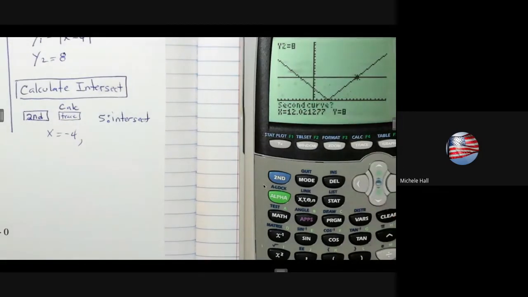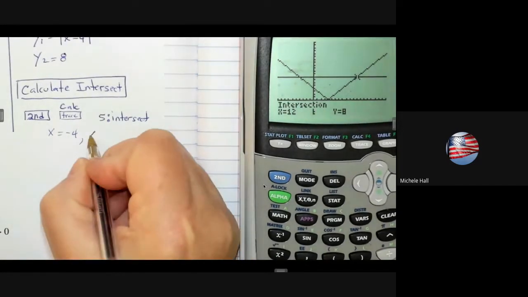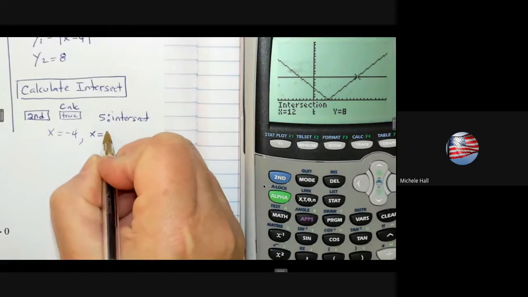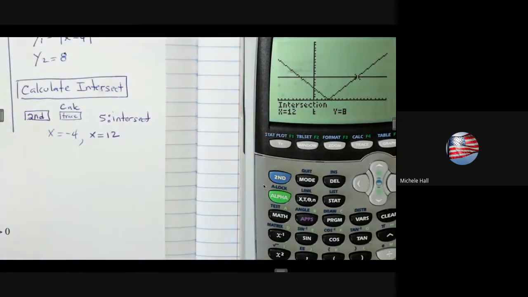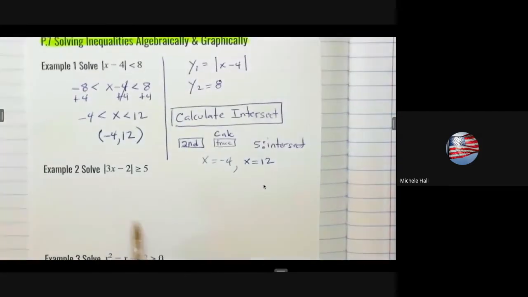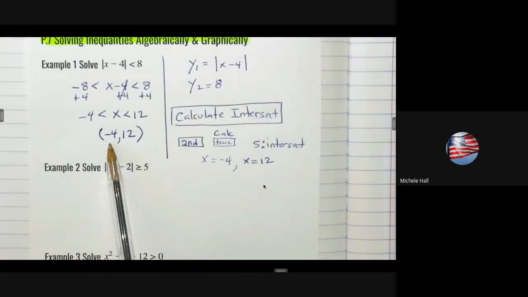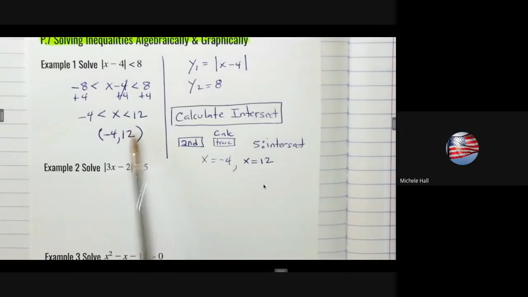Yes, enter. Second curve, is it y equals 8? Yes, enter. It says the intersection is at x equals 12, y equals 8. We can see here from our answers that algebraically, we came up with the same answers, negative 4 and 12.